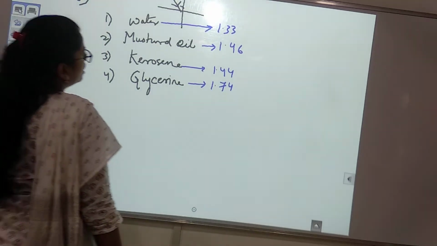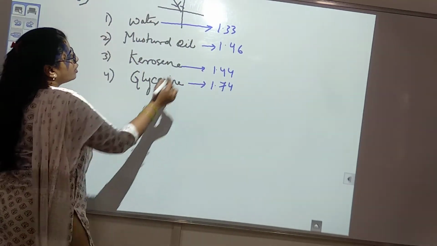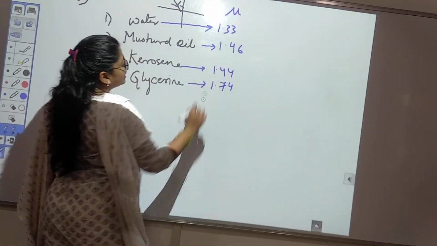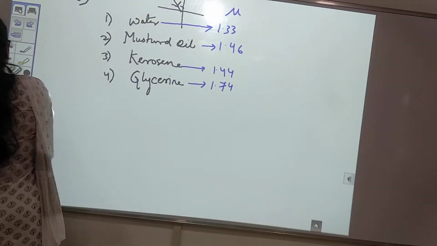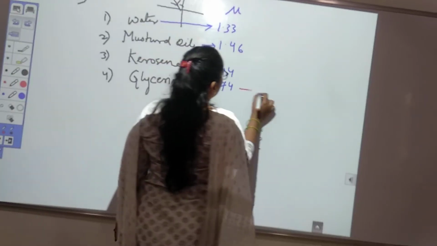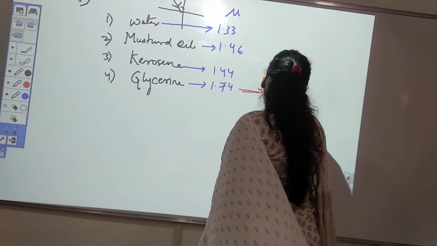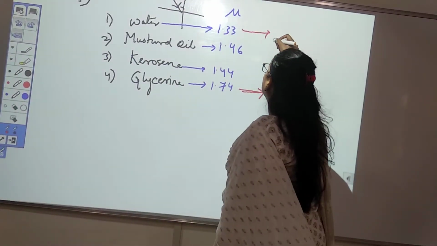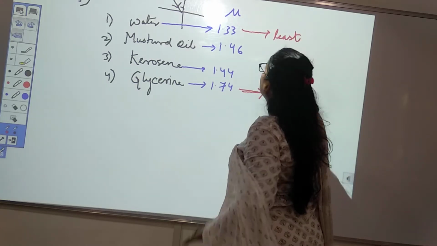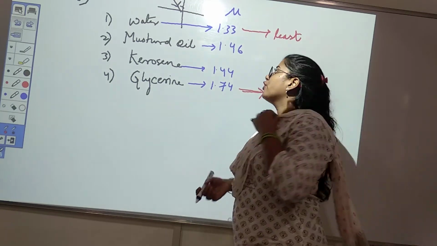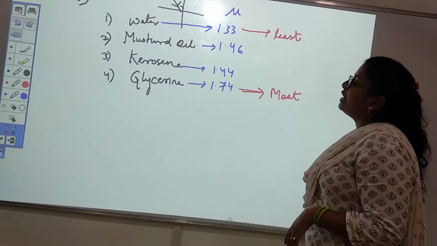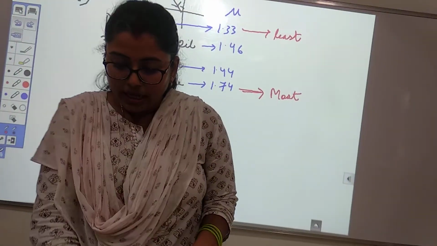So from the refractive indices of these materials, the light ray will bend most in glycerine, while least in water. You know the relation between the bending of light and the refractive indices. Okay, next question.